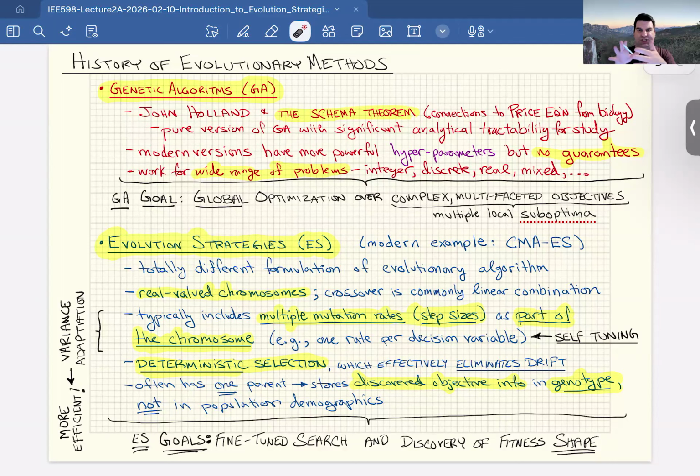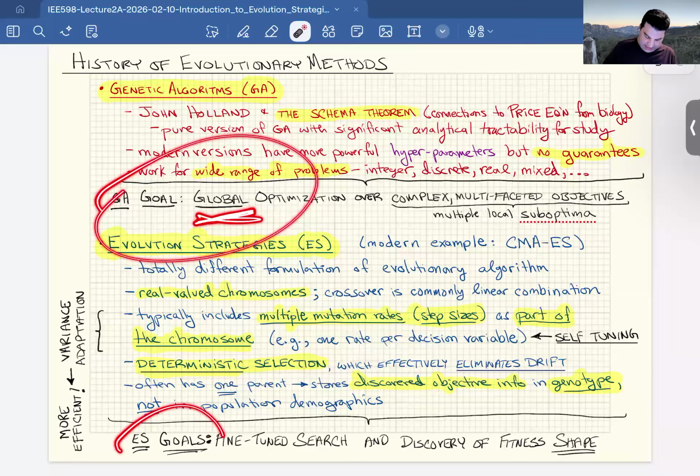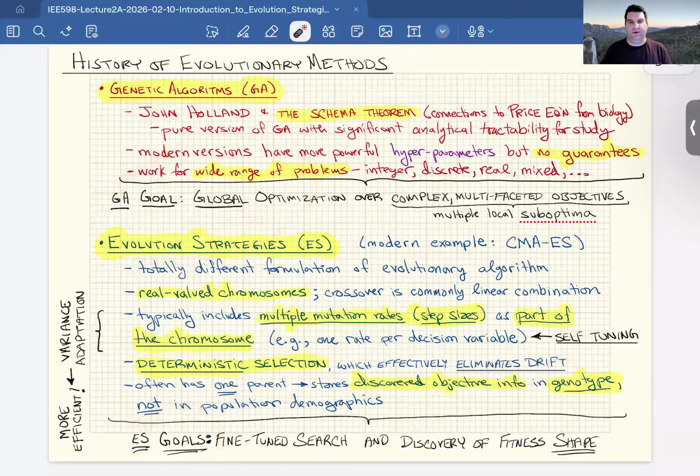And then using that geometry, it creates a highly efficient search where you can concentrate mutations in the most informative directions. And that should hopefully allow for a fine-tuned exploration of a local space that uses fewer samples to get there. So the GA goal is very much focused on global. The ES goal is going to be focused more on local, at least initially.